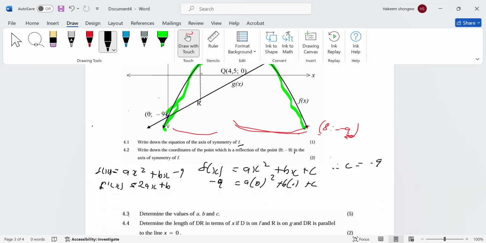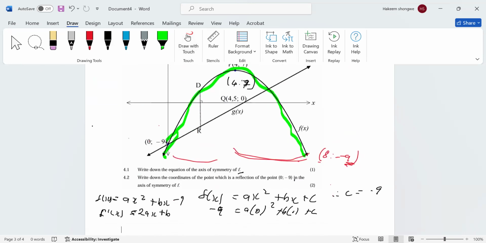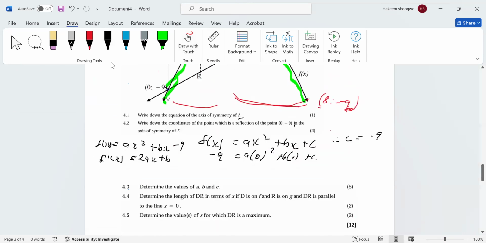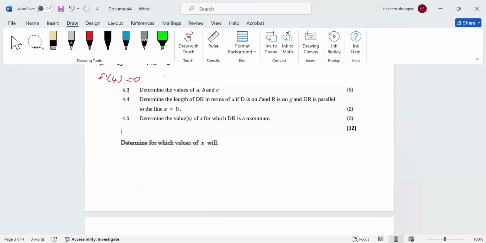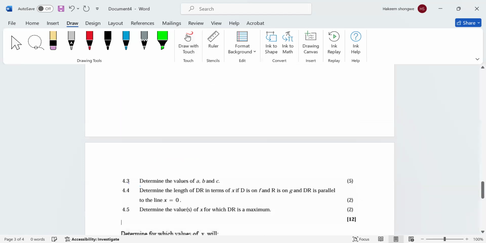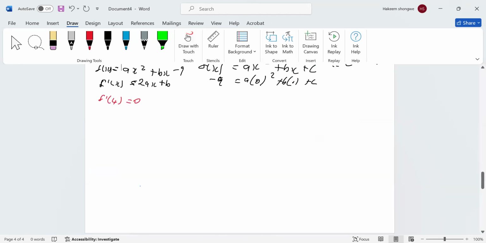we know that when we differentiate, the gradient is 0. So we have f prime of 4 is 0. So we get this is going to be equal to 2a(4) plus b.